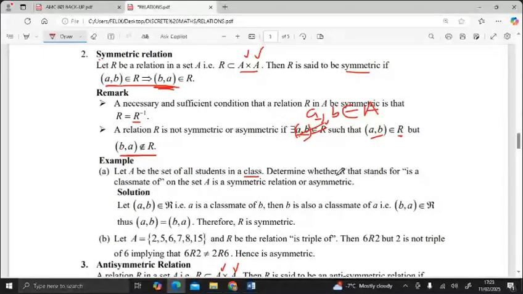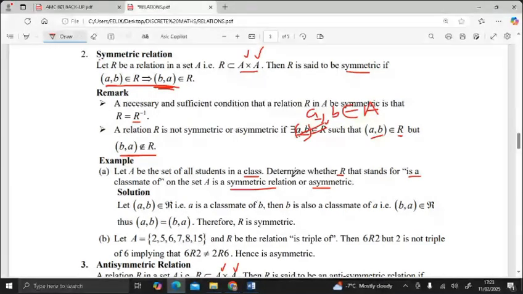We have an example to illustrate that. Let A be the set of all students in a class, like your class, SST 102, and you're asked to determine whether R, the relation 'is a classmate of' on the set A, is symmetric or asymmetric. We notice that it is symmetric.